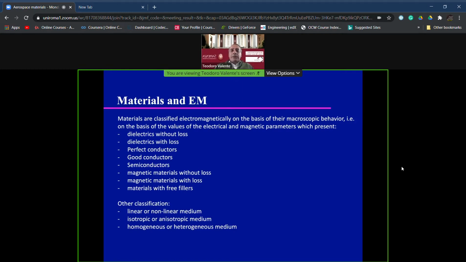The material side is considered as responding to electromagnetic radiation or electromagnetic waves.